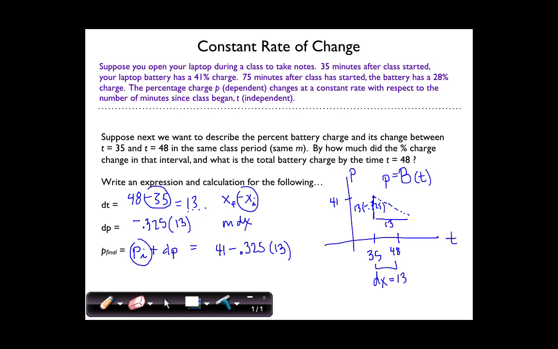Oh, this 41, that's b of time 35. Or this p final, that's b of, which final am I talking about? 48. So when you use that function notation, it's easier to specify which final relative to what, initial relative to which. It allows you to identify which point in time, what independent, dependent variable pair we're talking about.